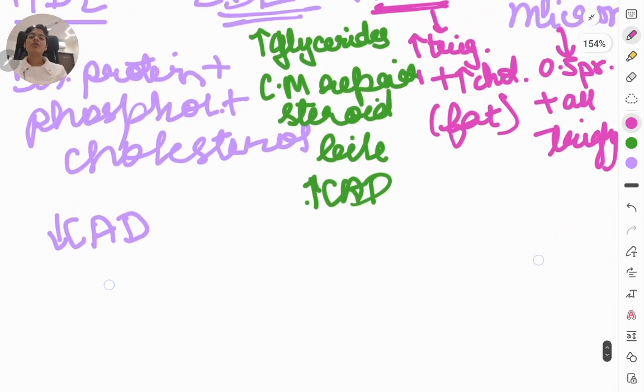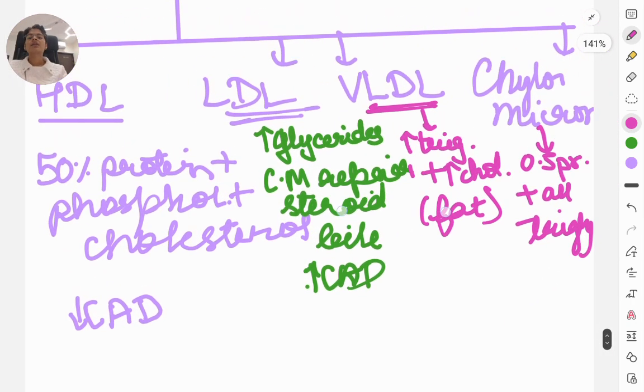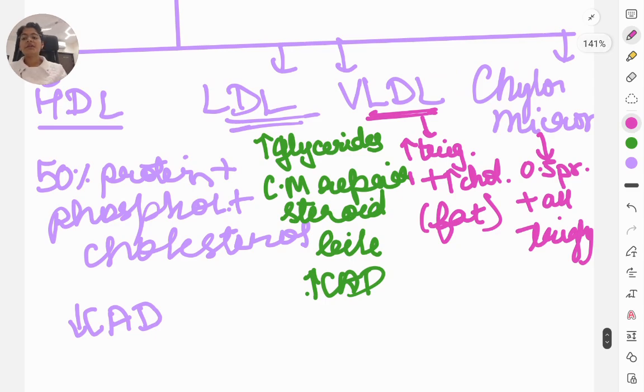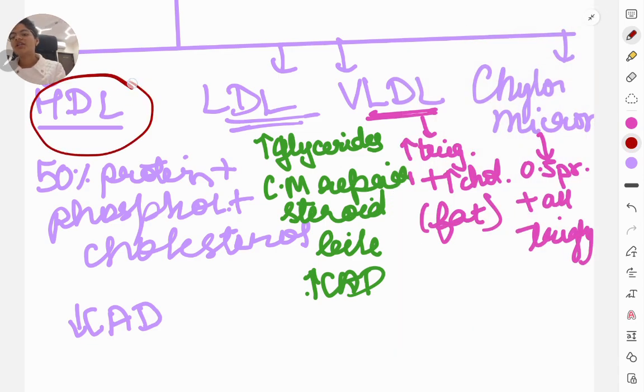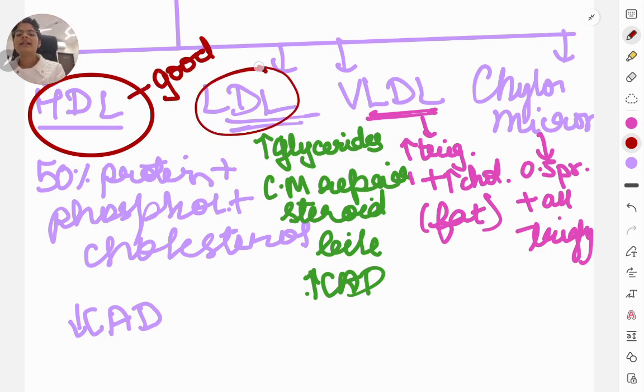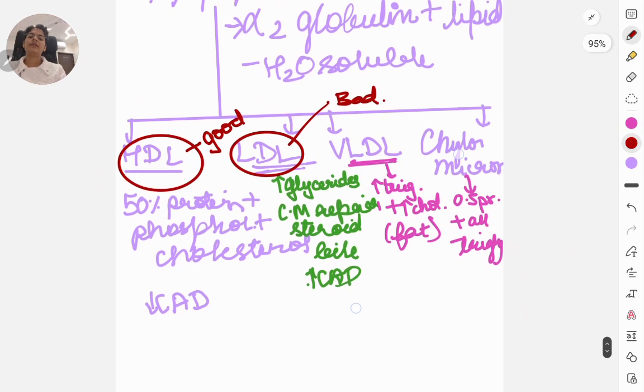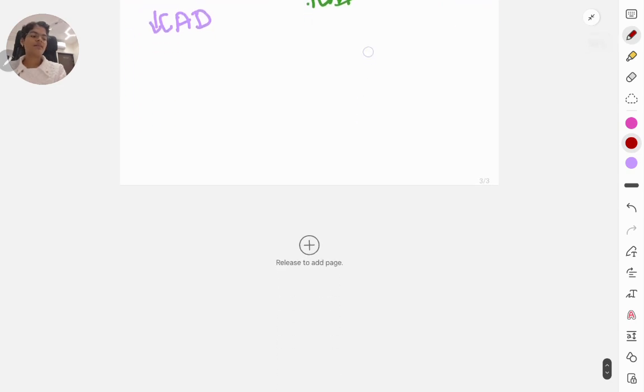But now my question to all of you is which of them is a good cholesterol and which of them is the bad cholesterol? So obviously the thing is very clear. HDL is going to be a good cholesterol, while LDL is the bad cholesterol. Clear? Now let's see further.